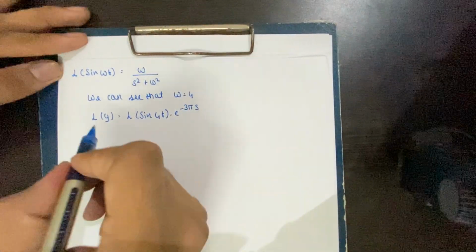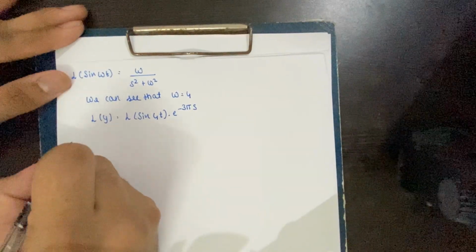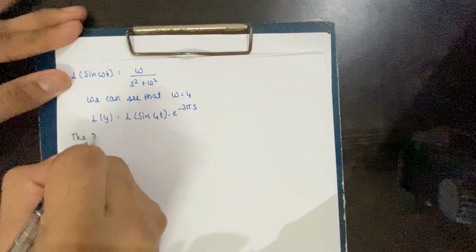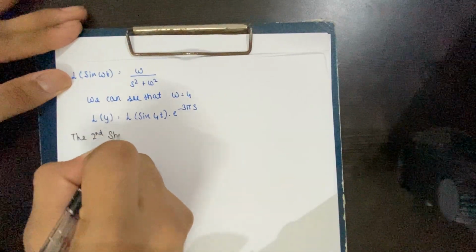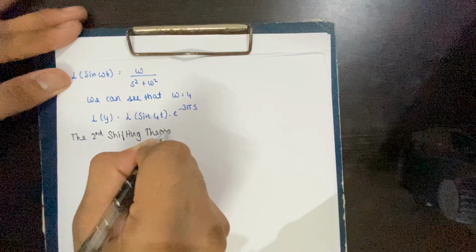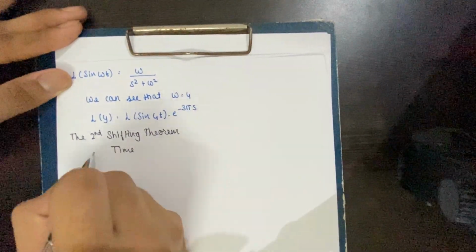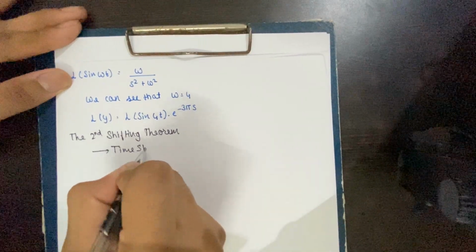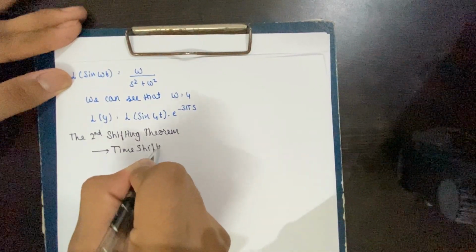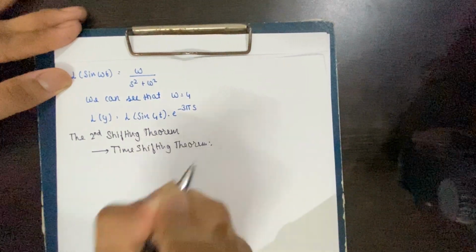Okay, there was a reason why we shifted from the initial equation to this side, because now we are going to use the second shifting theorem, that is the time shifting theorem.